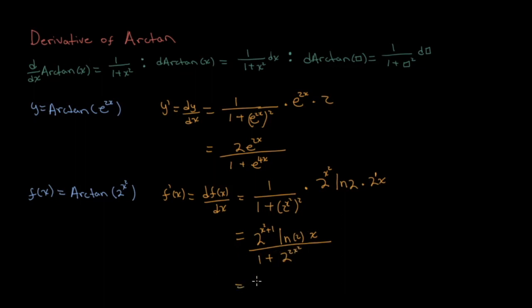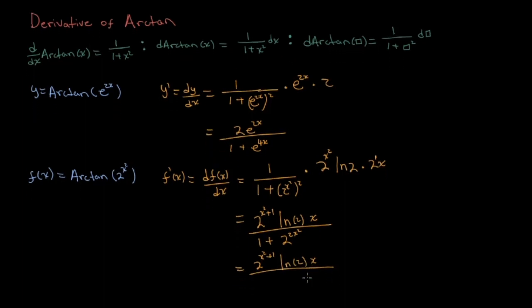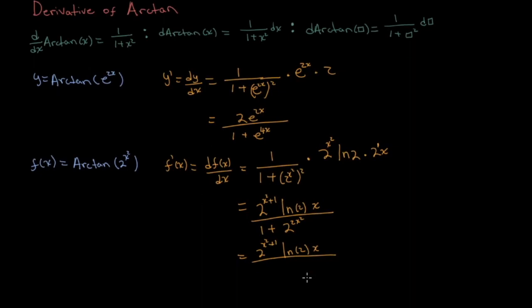The numerator will stay the same, so 2 to the x squared plus 1 ln 2 times x divided by 1 plus 4 to the power of x squared. So that would be the final answer for the derivative of this function here.